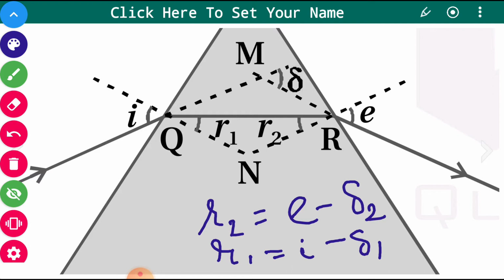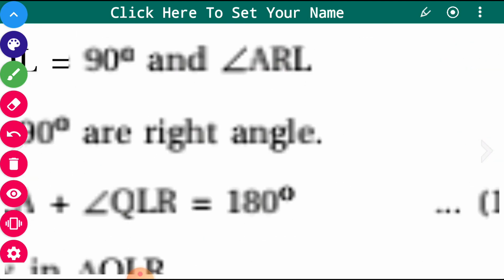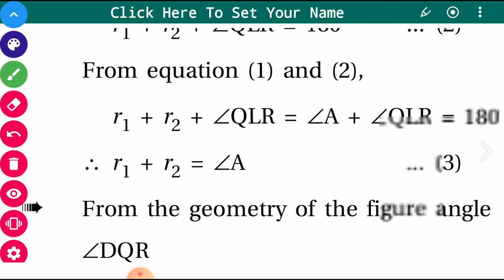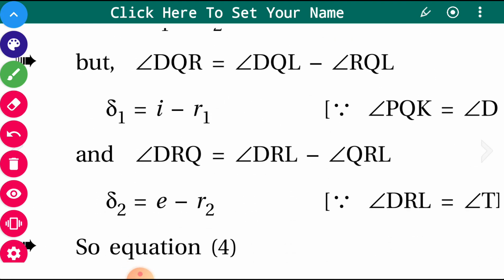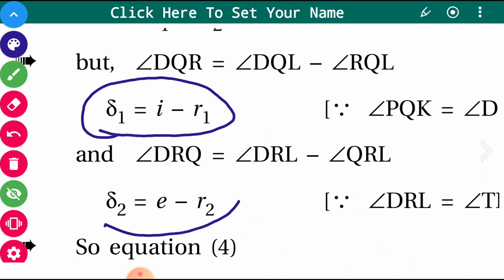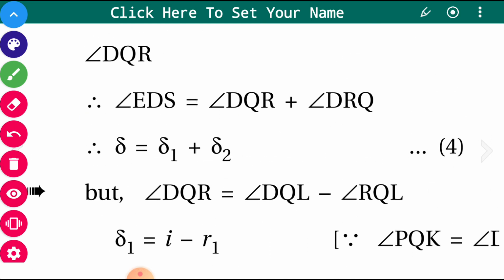We got the values of delta 1 and delta 2, and these two values can be placed in the equation which we have obtained, in this fourth equation instead of delta 1 and delta 2.